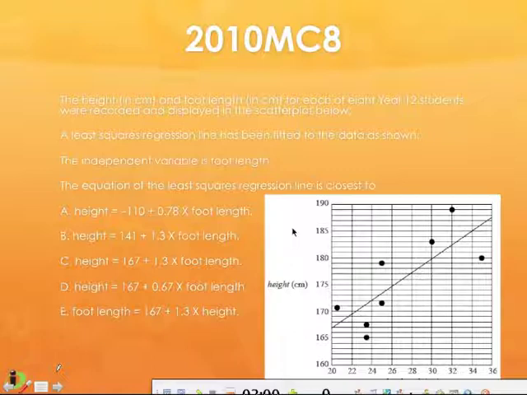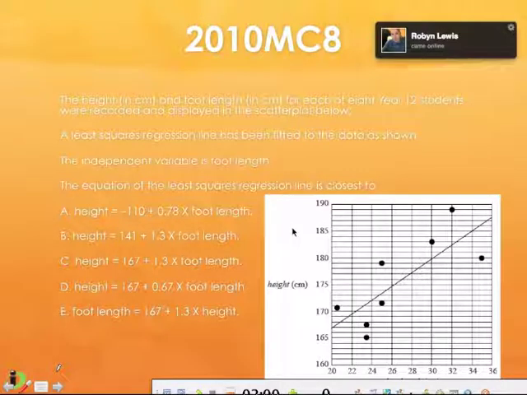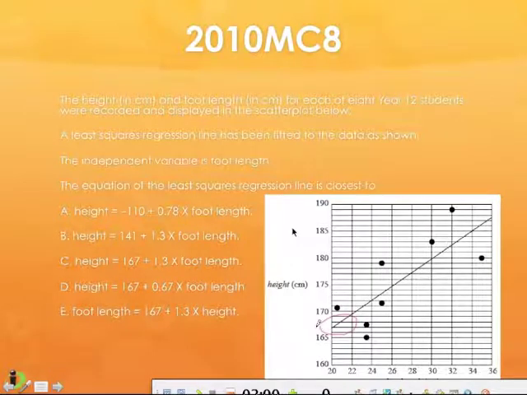Ah, no. I fell into the same trap. So C is right? Wait, no, B. B is right. So why is it 141 though? It's not crossing at 0 there, is it? What's it touching at? See, it is B. So I fell into the same trap because I didn't read the graph properly.